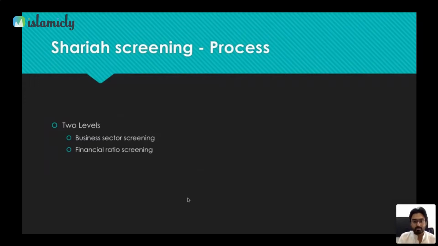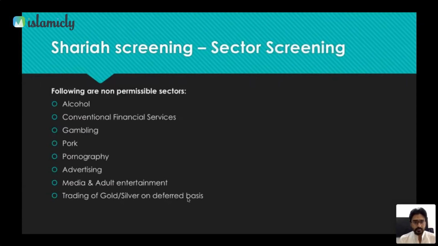Let's move ahead with the business sector screening. So as most of you might have understood, but may not have had a clear idea as to what is sector screening, Shariah screening says that companies which derive income or which are involved in these financial sectors, in these business sectors, are not considered Shariah compliant.